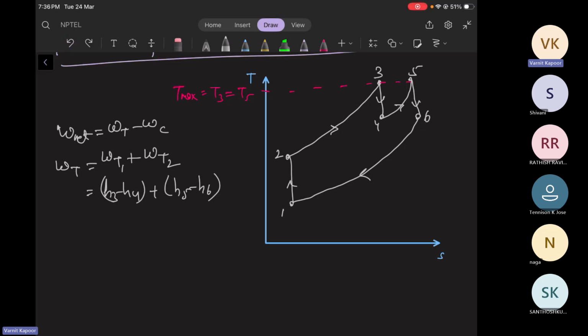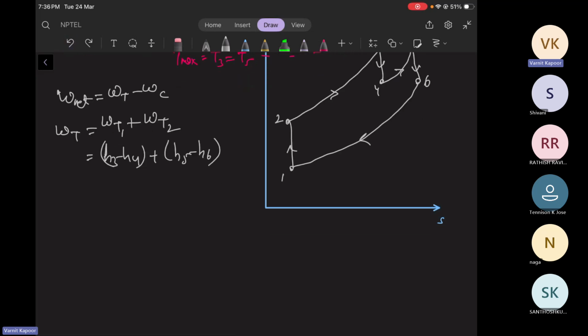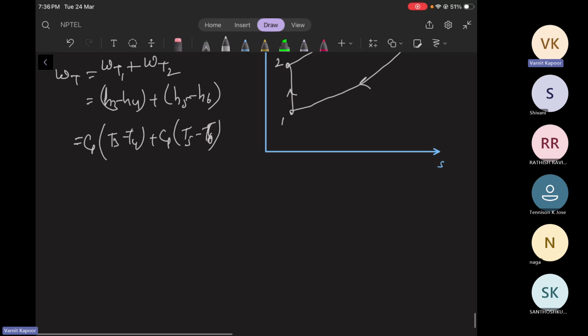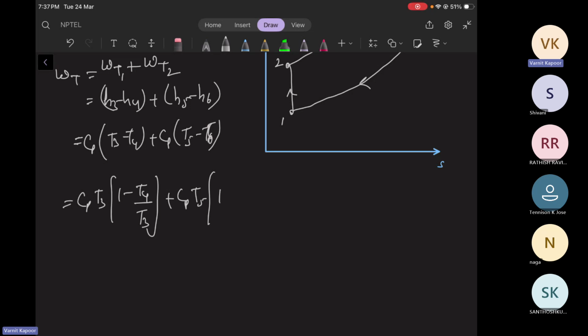So in terms of temperature, Cp times (T3 minus T4) plus Cp times (T5 minus T6). If I take T3 from the first one, it will be 1 minus T4 by T3, plus Cp times T5 from the second one, 1 minus T6 by T5. Let us say this is equation number 1.